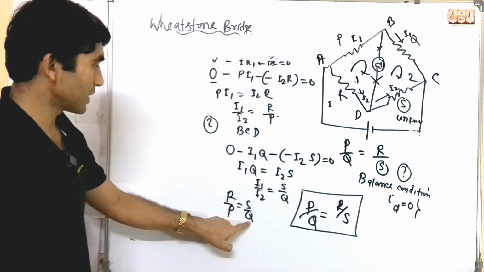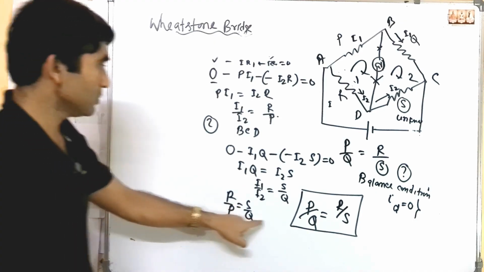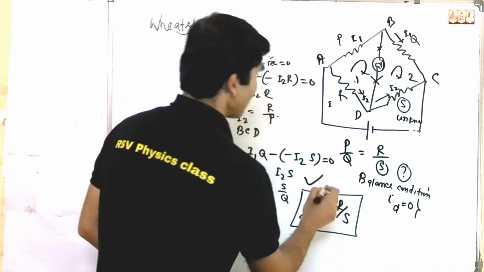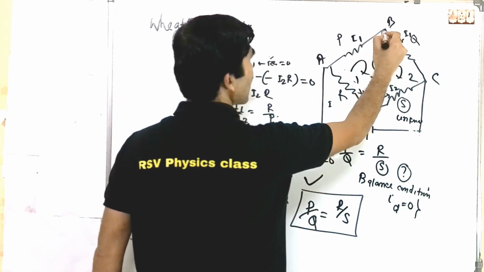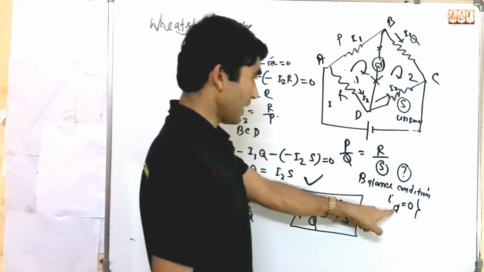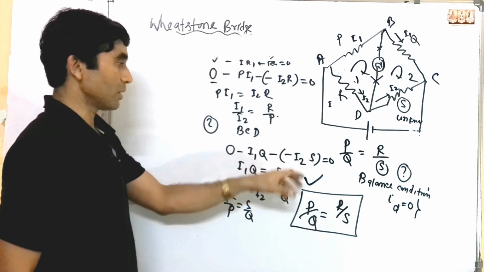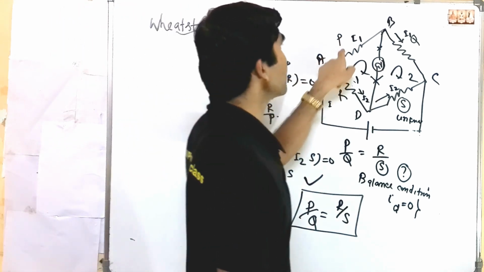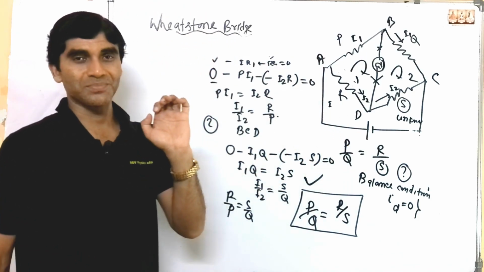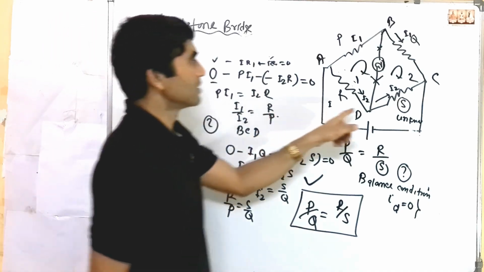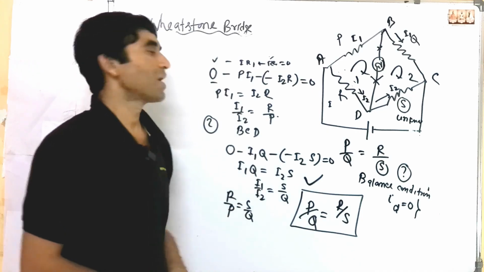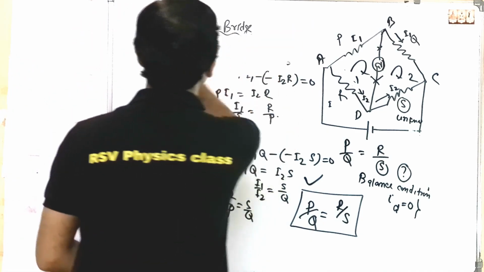P by Q equal to R by S, again same, RQ, this is RQ equals PS. So in the balance condition, in that condition, the current will not pass, that condition is the balance condition, in that condition I equals 0. And when will this happen? When the ratio P by Q equals R by S. So if you know 3 resistances, then you can calculate the resistance of R.